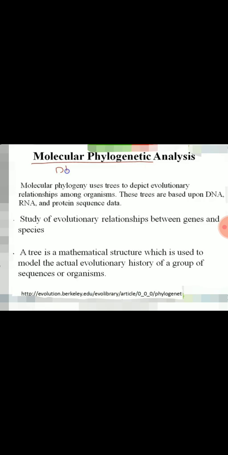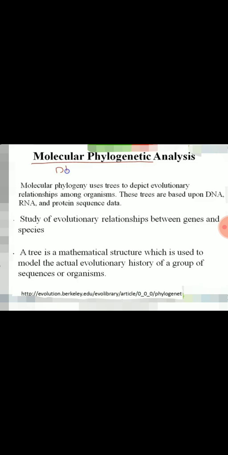Yes, molecular phylogenetic analysis. Molecular means what? This word is related to DNA, RNA and protein sequences. So here the evolutionary relationship of the recent organism with their ancestor is found on the basis of DNA, RNA and protein sequences.